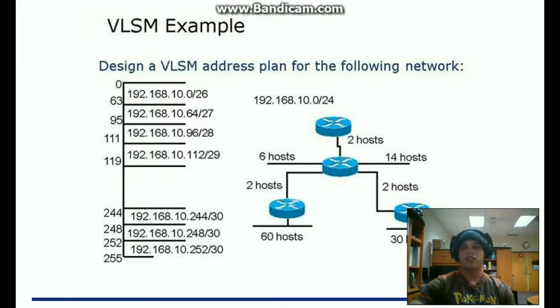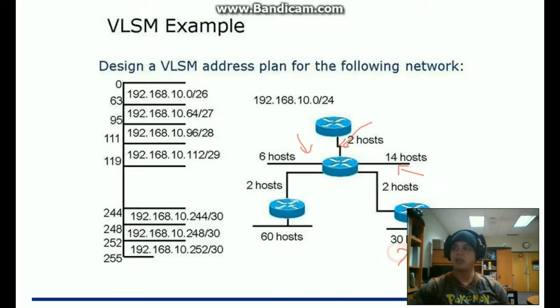So let's say we are given this topology right here, and we see the networks and how many hosts per network. We have 2 hosts here, 6 hosts here, 14, and so on.